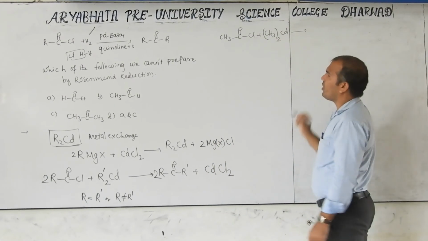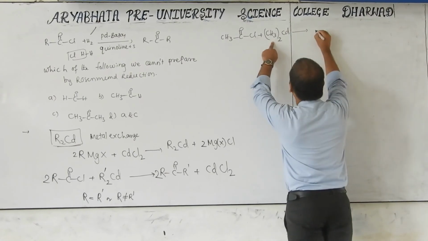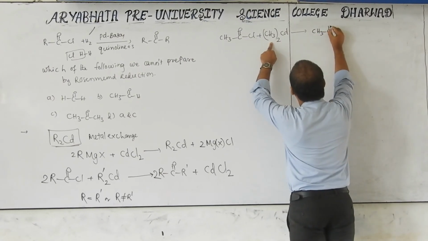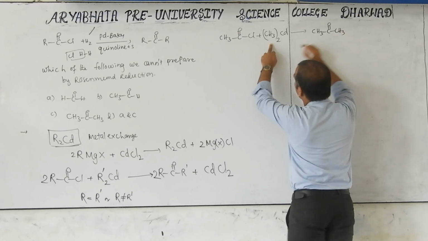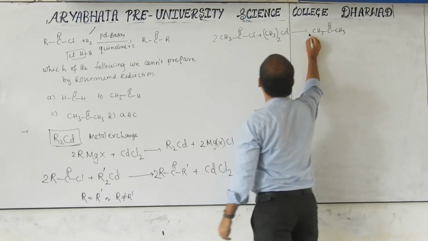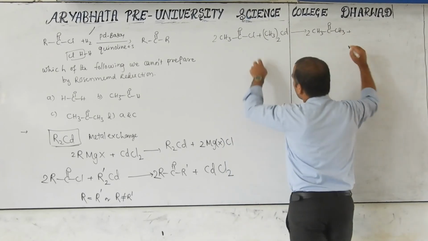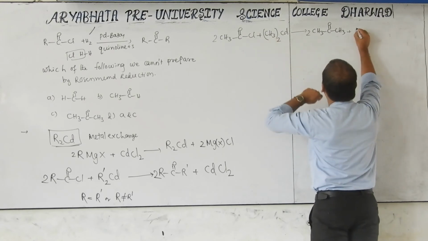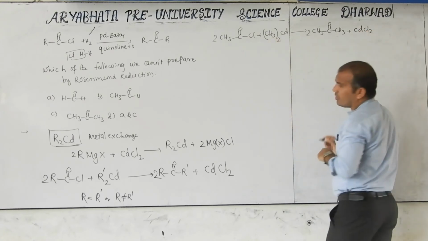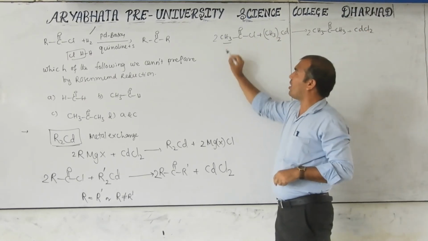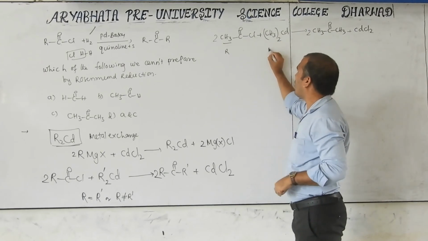Then it will be converted into what? Cl replaced with CH3. CH3, C double bond O, CH3. Then you have to take 2 moles, then here also 2 moles, plus cadmium chloride. See? Here CH3 R group and here R dash group.